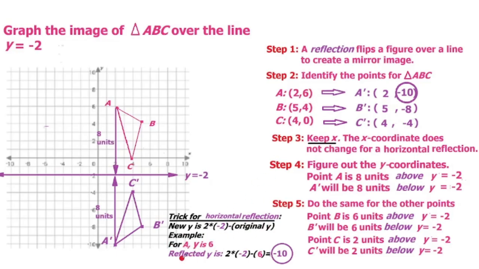So now the reflected y is going to be 2 times -2, which is 2 times this, minus 6, which equals -10, which is what we found when we had to count the blocks. So that's the final trick on how to do horizontal reflection. And it works for all of the y's, okay?